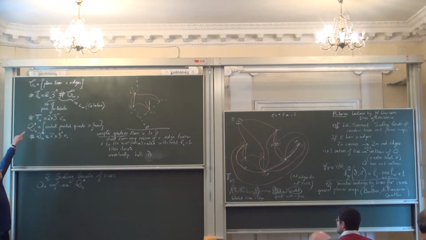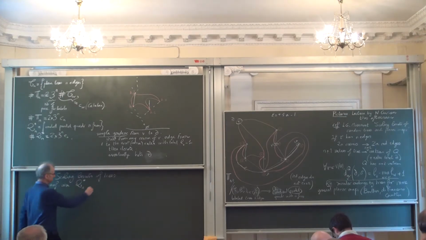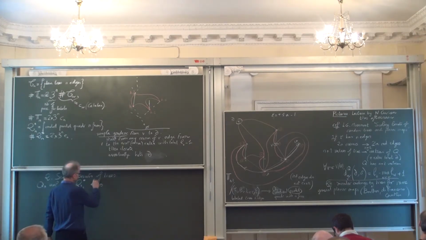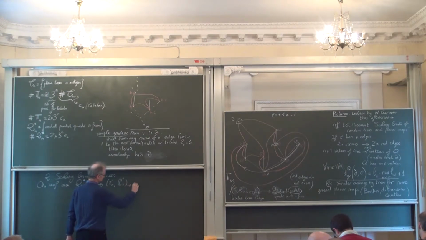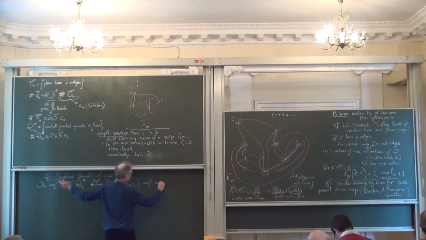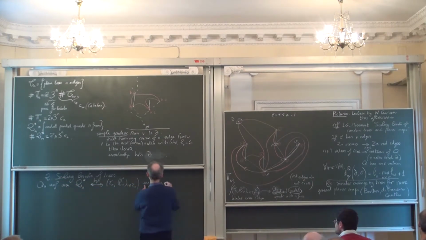Because you have this bijection, you can associate via the bijection a labeled tree, which I will call (τ_n, ℓ_n), with τ_n belonging to T_n. And because this is a bijection, if you choose this one uniformly, this one will be chosen uniformly over T_n.